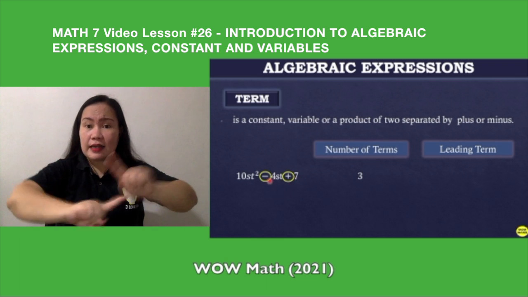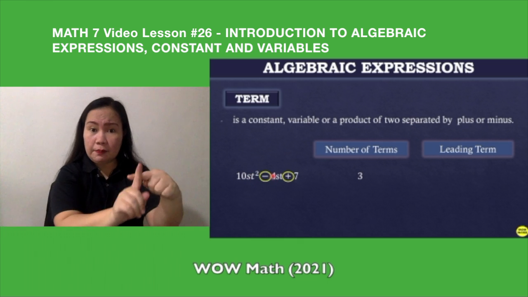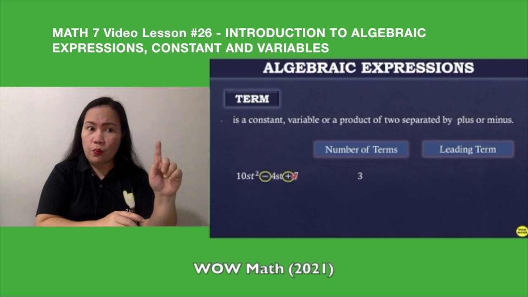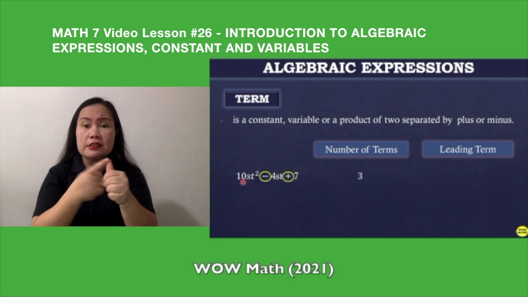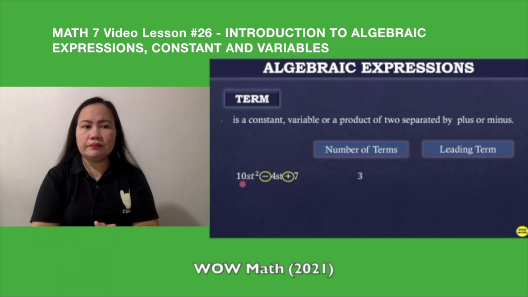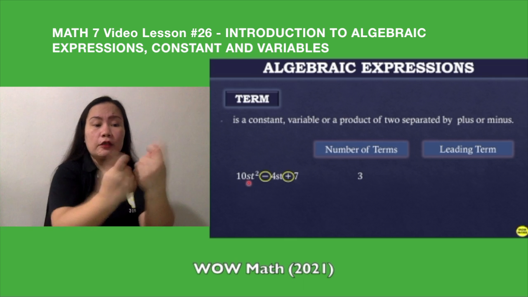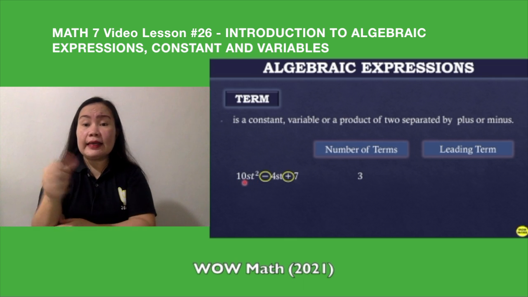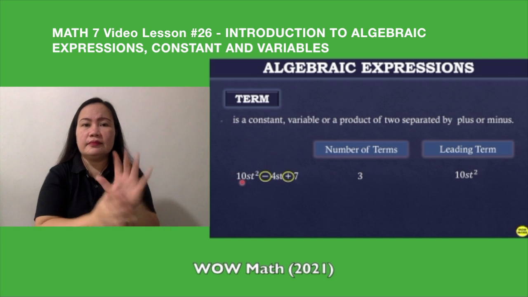Okay? Kasi itong plus at minus, yan ang naghihiwalay sa kanila. So, 1, 2, 3. Okay? So, 3 terms po. Now, leading term. Ano yung nasa pinakaunang term? Kanina, leading coefficient. Yung number lang ang kinuha natin. Ngayon, leading term. So, buo. So, leading term. Ano ang leading term natin? 10st squared.